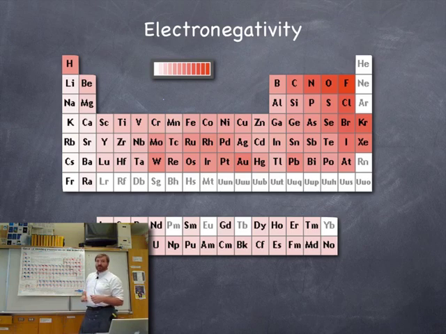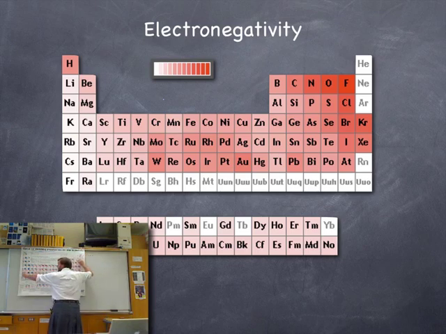So it's not yes, no. There's a scale. And the further apart your atoms are on the periodic table, the greater their difference in electronegativity will be, and the more ionic the bond will be.